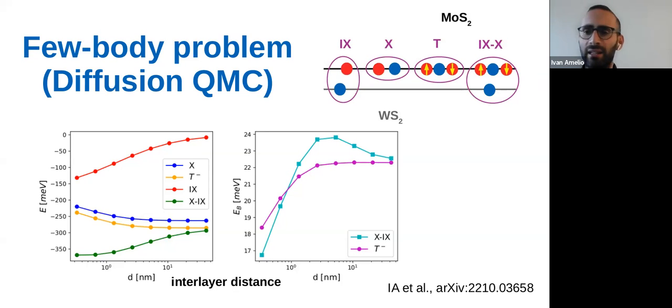So your Cooper pair becomes a trion plus the hole.